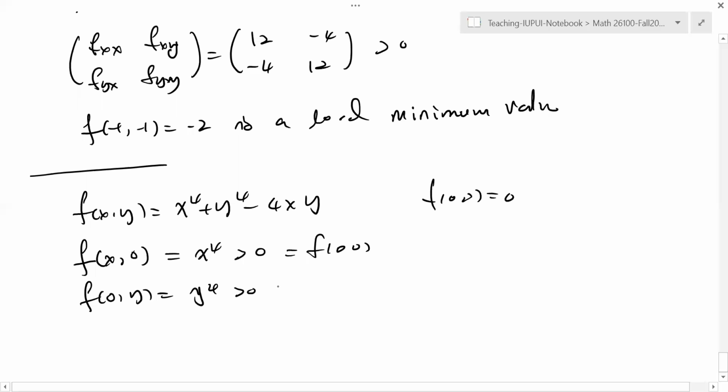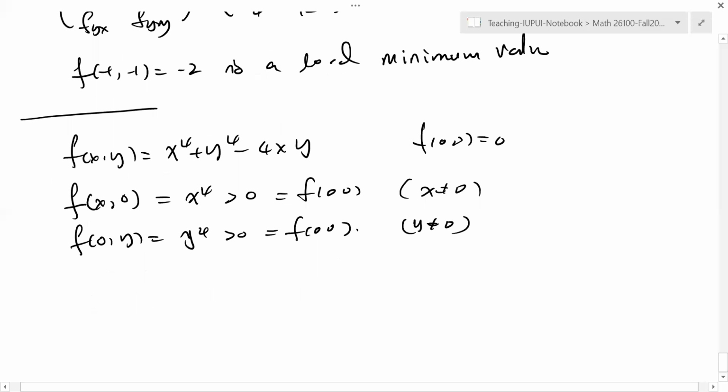It's going to be positive, right? Of course, here x is not 0, there y is not 0, otherwise. So can I find another line along which it's going to be negative?